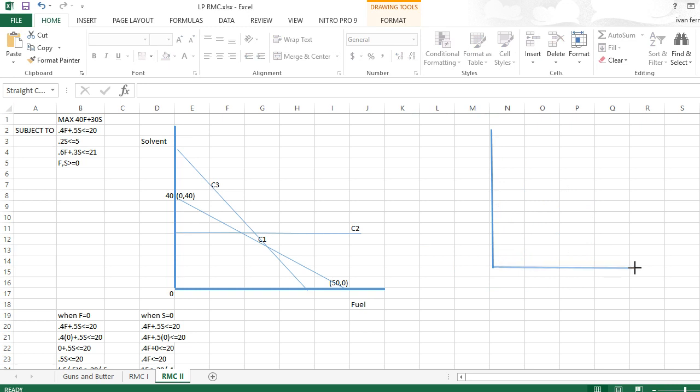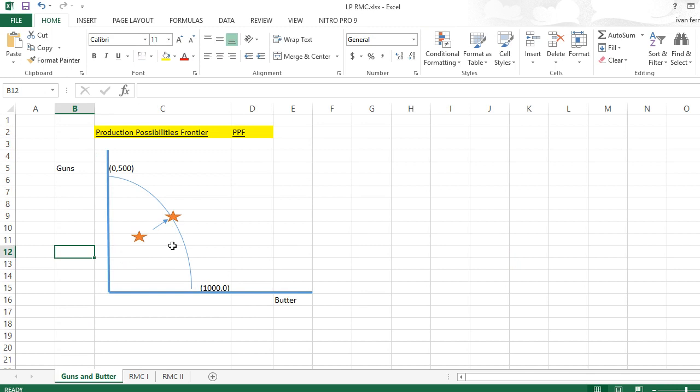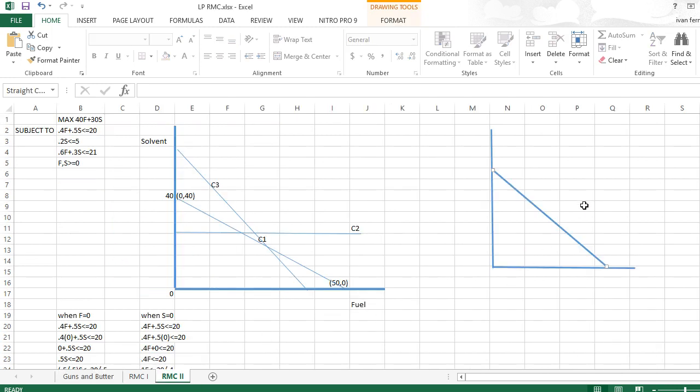All right. Now let's say that we have an imaginary constraint. And by the way, at this point, you should be thinking of guns and butter. If this is our constraint right here, and this is product A and product B, it does not matter.